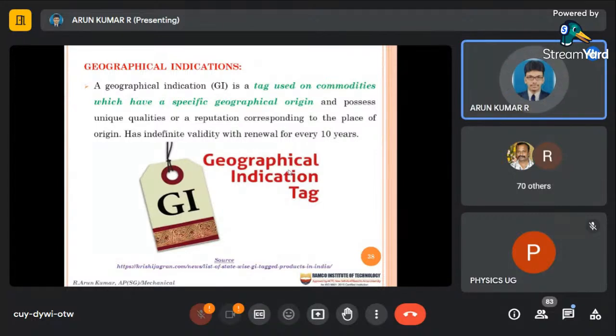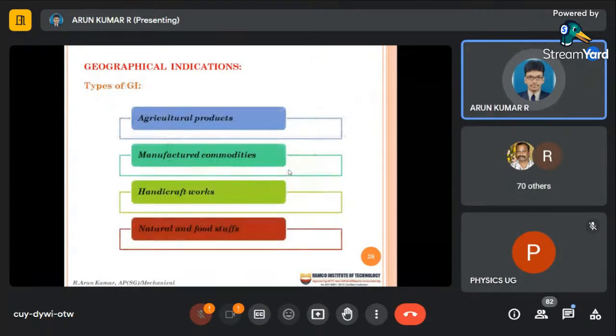As far as geographical indication is concerned, it can be protected for 10 years, after which it can be renewed for an indefinite period of time after the expiry of every 10 years. That is what geographical indications are. The items which can be protected under geographical indications are agricultural products, manufactured commodities, handicraft work, natural goods and foodstuffs.